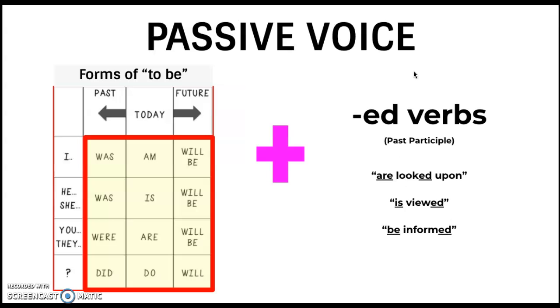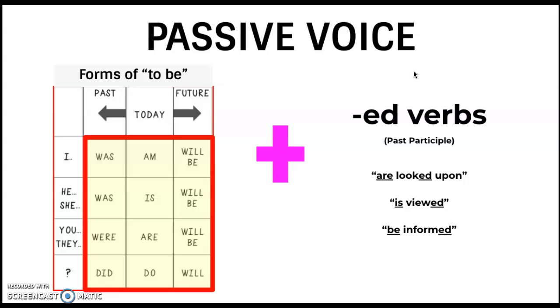So going back to how we finished off part one, let's look at passive voice. What you'll be looking for are forms of to be, plus verbs that are in past tense. That's how you can recognize something's written in passive voice.